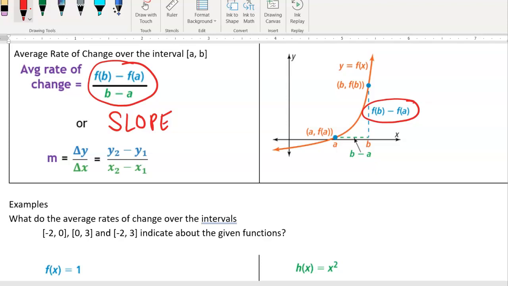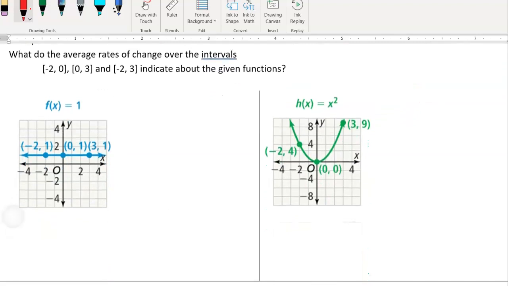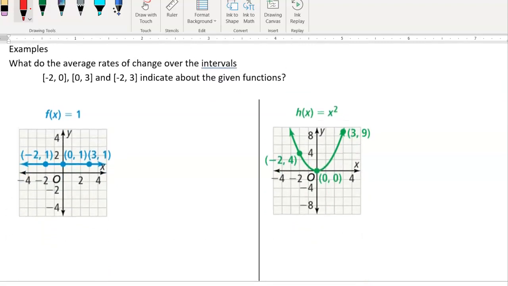Another way to look at it is rise over run, which if we're looking at a graph, to be honest, is a little bit easier as long as you identify what the scale is, and I'll make sure you understand that here in a second. All right, so here it says, what do the average rates of change over these intervals indicate about the given functions?